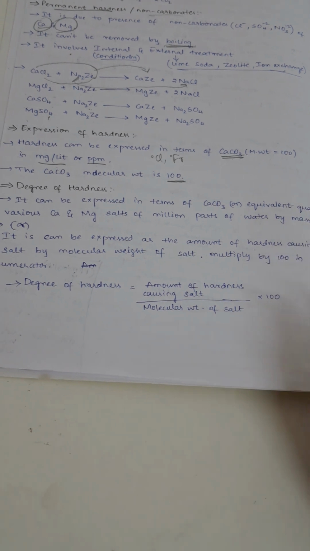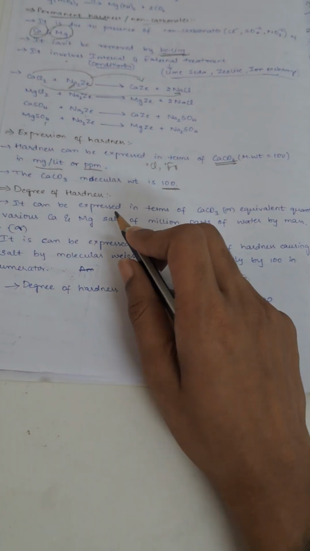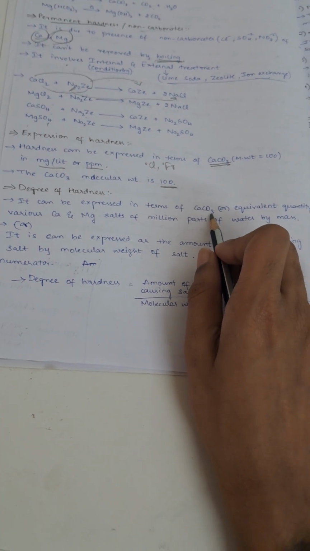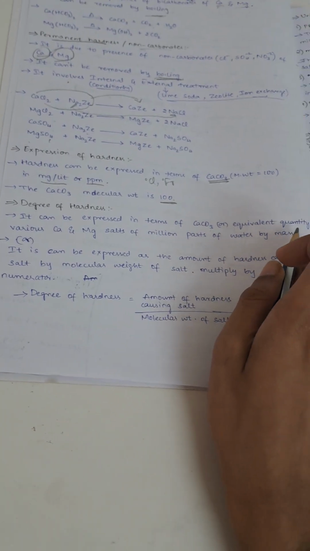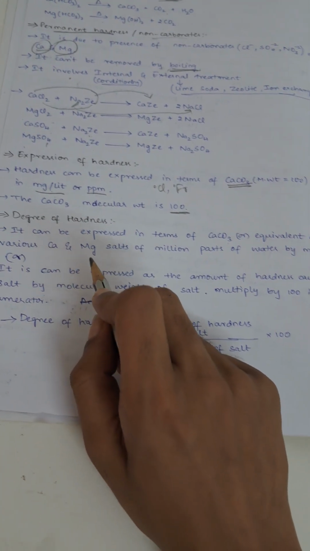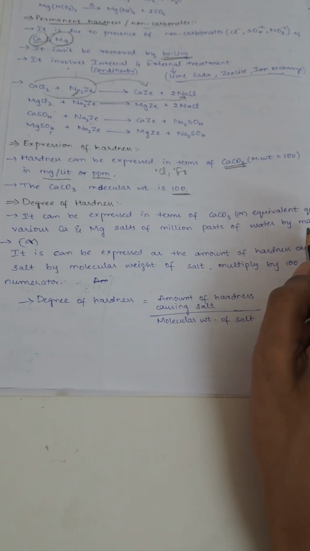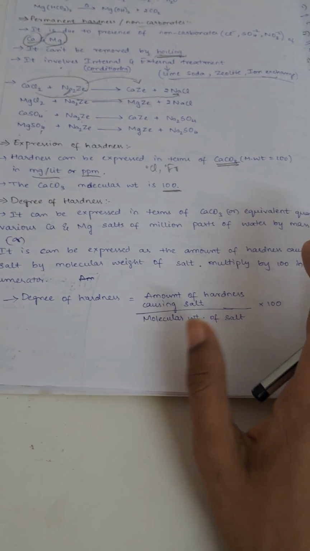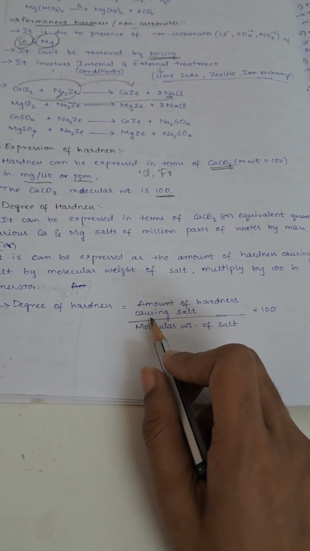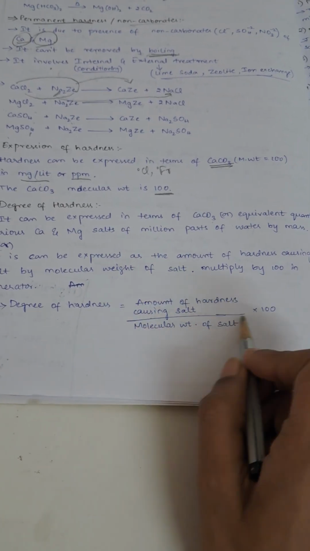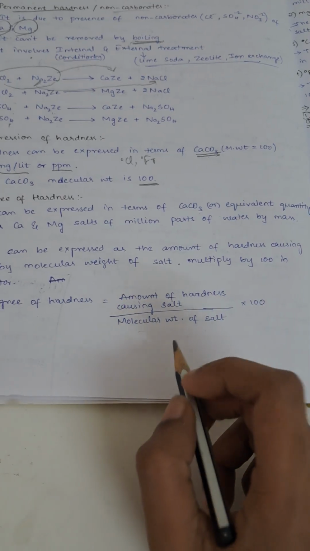Next, degree of hard water. It can be expressed in terms of calcium carbonate equivalent quantity of various calcium and magnesium salts per million parts of water by mass. That's another definition: amount of hardness causing salt divided by molecular weight of salt, into 100.